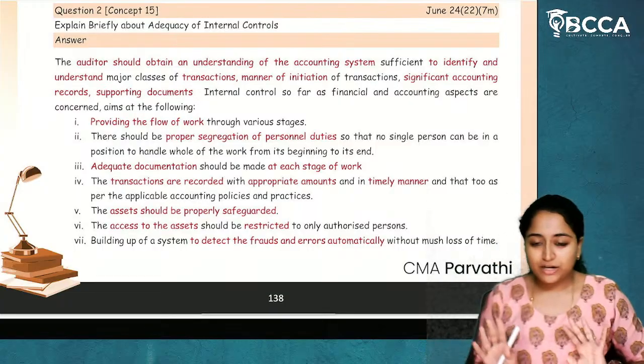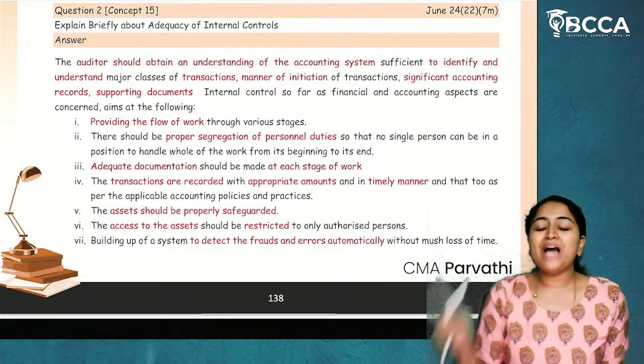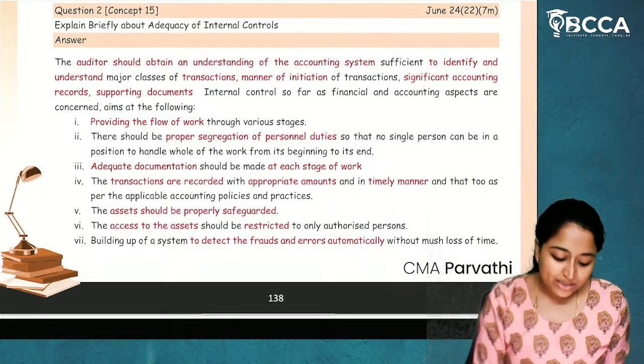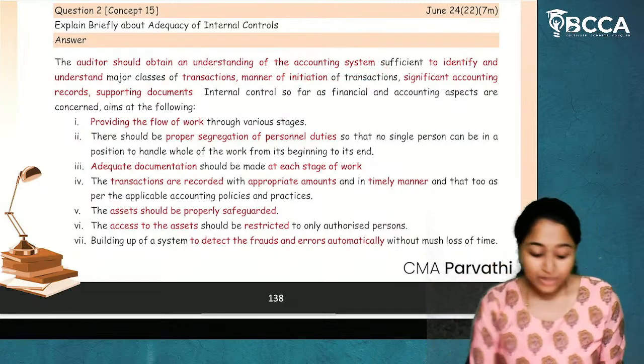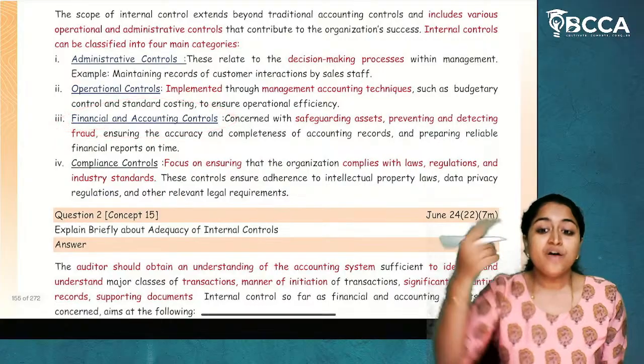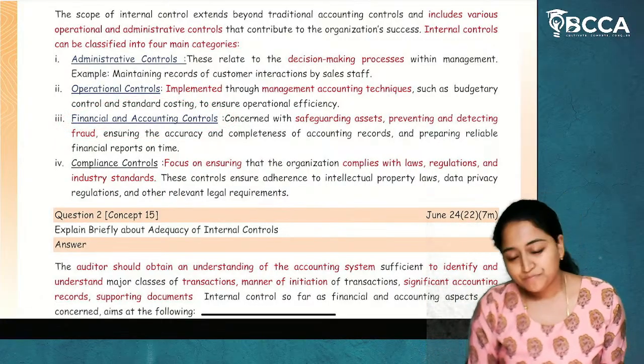Regarding that, who will check? The internal auditor will check. Now, as an internal auditor, he should have a clear-cut understanding of the entire accounting system in the organization. Because in this scope, we have seen that financial and accounting control is also an aspect of internal control. Yes or no?